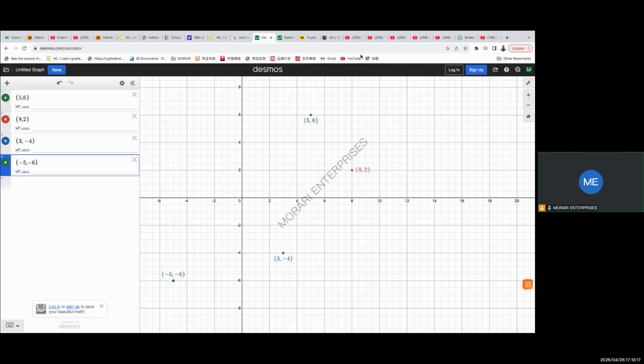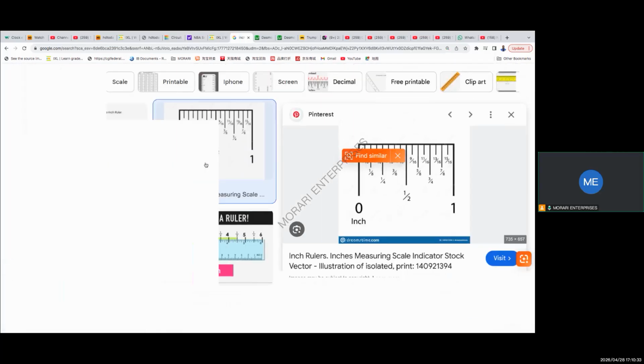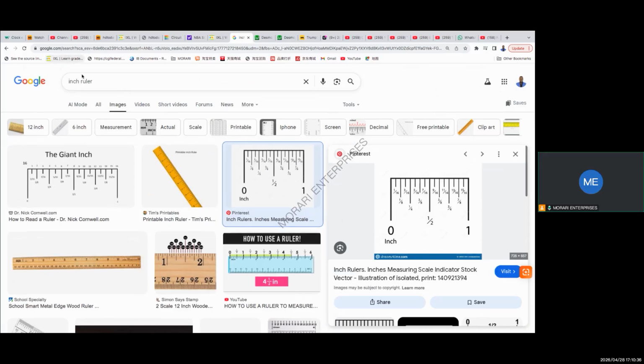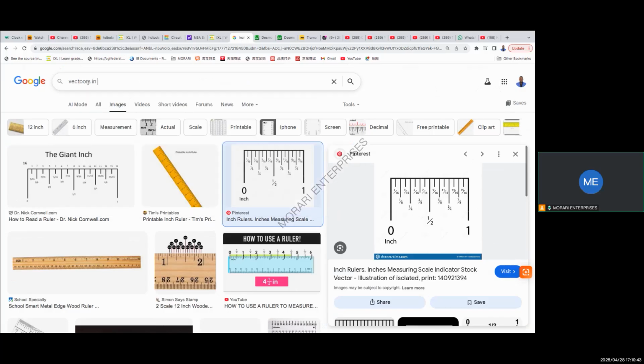So when we talk about flow, you understood the power of vectors, right? For example, we are here in Google. Let's look for vectors in fluid mechanics, or fluid motion.